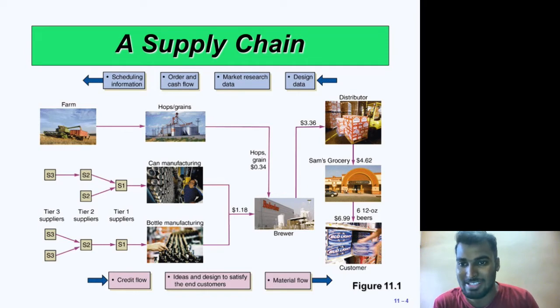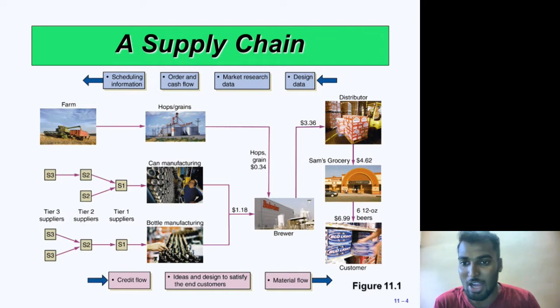Let us try to understand with an example of what a supply chain is all about. On the left side there is a farm. From that farm we take the raw materials and process them into hops or grains, and the can manufacturers and bottle manufacturers are the supplementary aid for that processing.